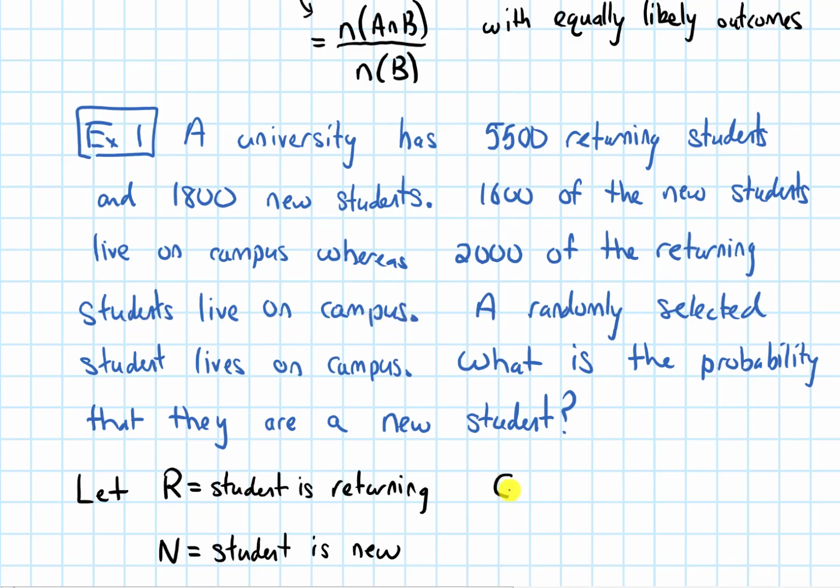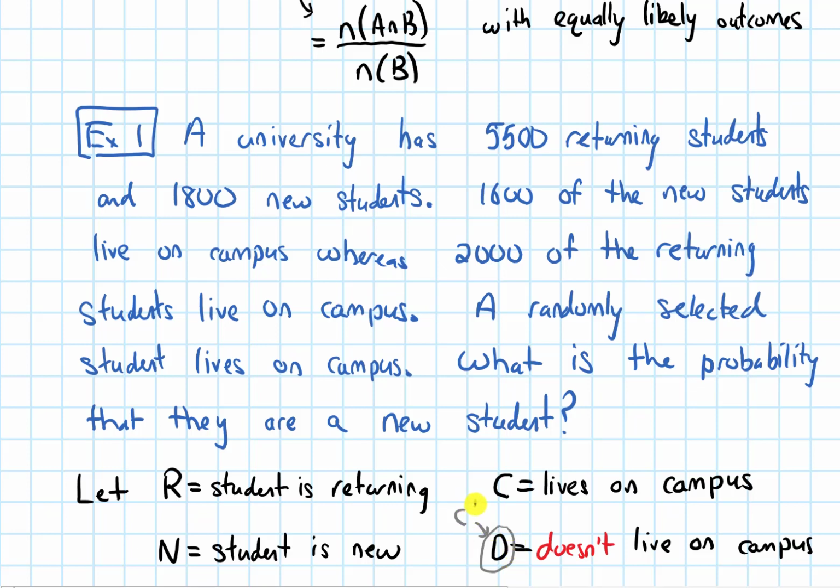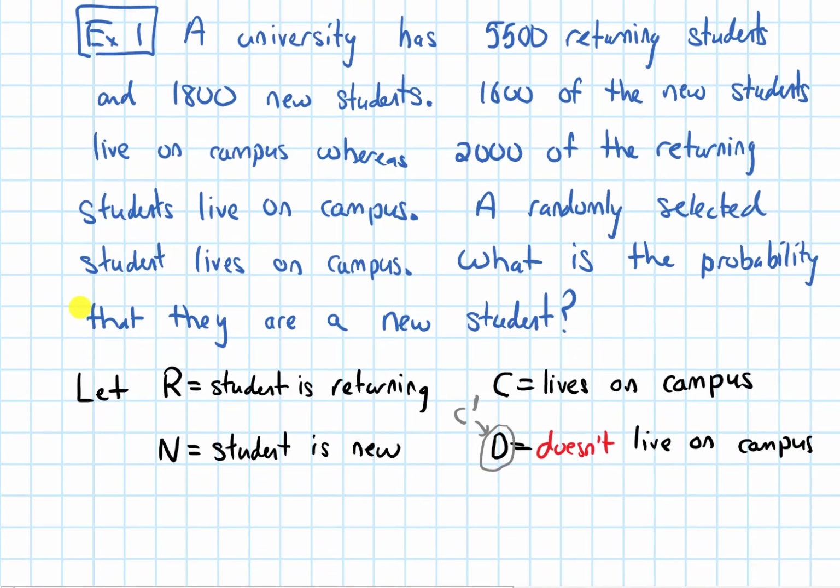So let's let C be the event that a student lives on campus. And then maybe I could call D the event that a student doesn't live on campus. If I wanted to, I could also write this D as just C complement. If that was easier and I didn't want to create a new label, I could have just called this C complement.